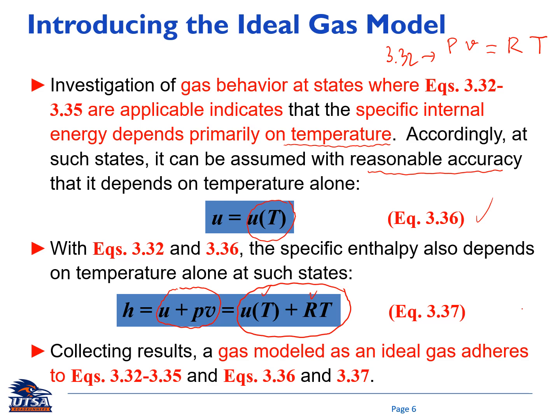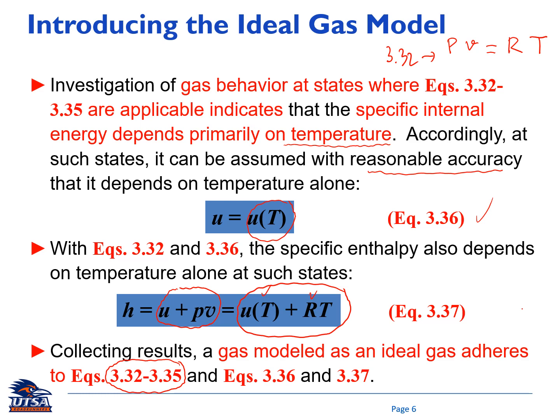Collecting results, a gas model as an ideal gas adheres to equations 3.32 up to 3.35, which are four different appearances of the equation of state, plus equation 3.36 for the formula of internal energy, and 3.37 for the formula of the enthalpy.